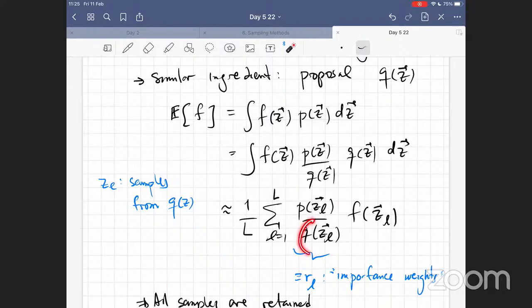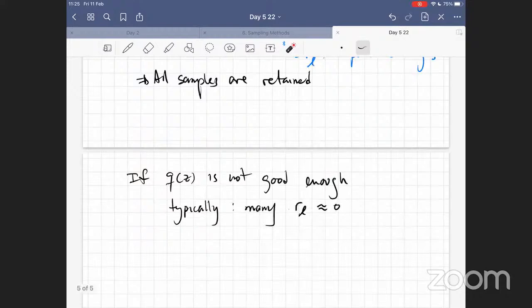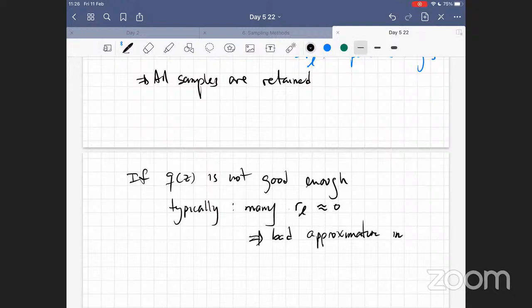If Q is not chosen correctly, there are typically just a few weights where you have more or less all the contribution, and the rest of the weights are going to be very small. And this is going to give you just a bad approximation in the end.